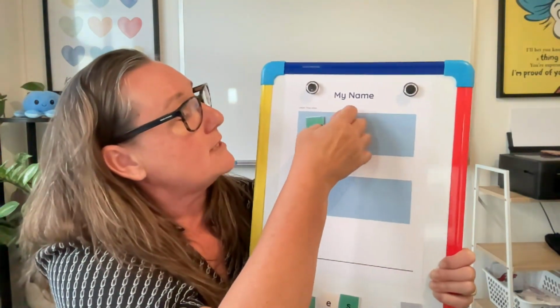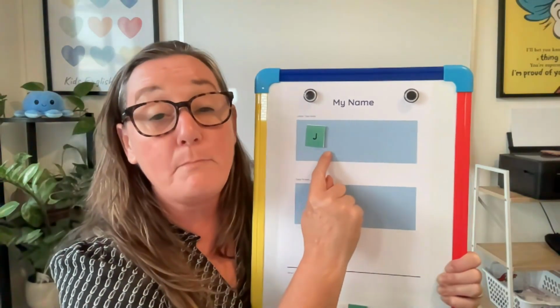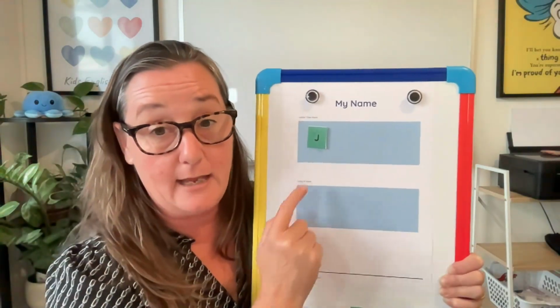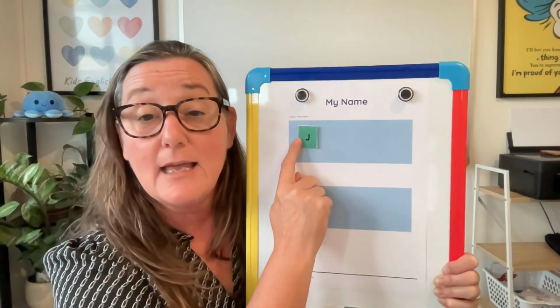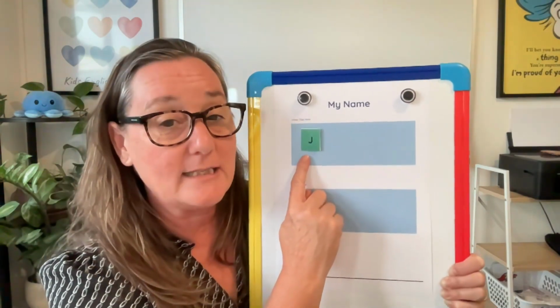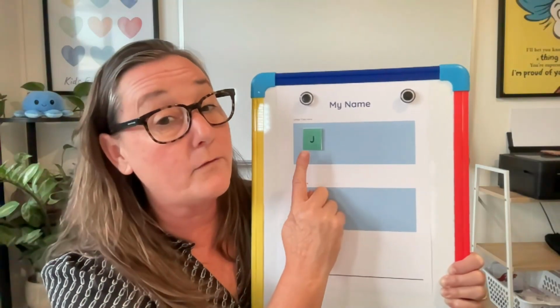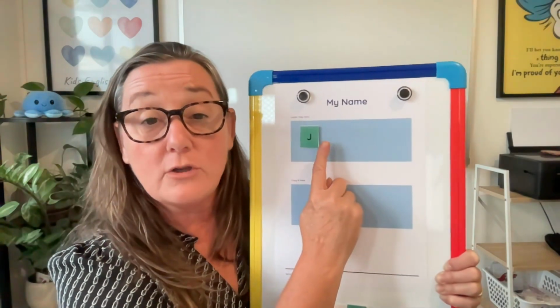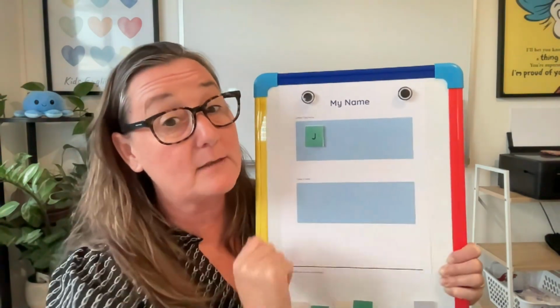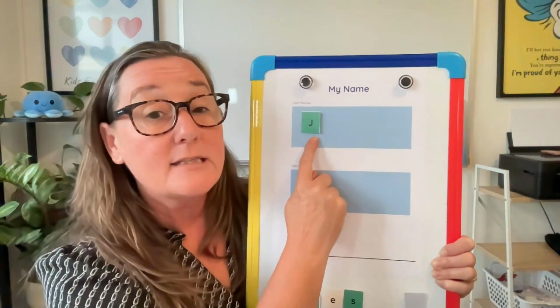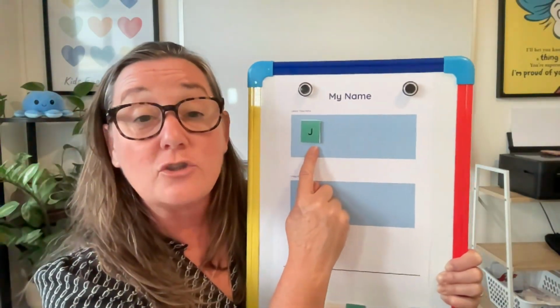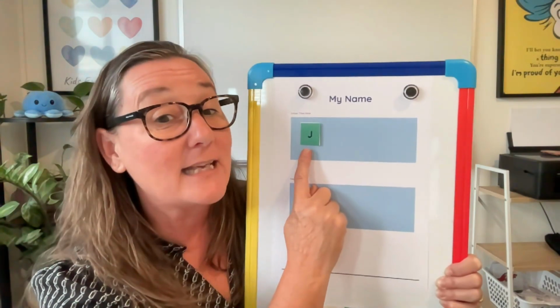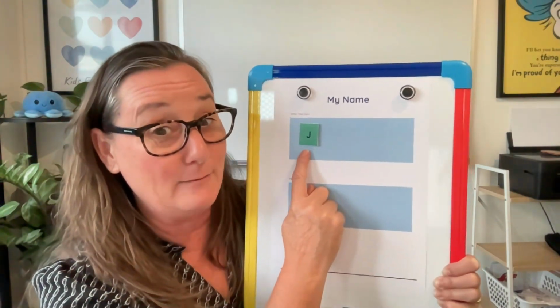So in this box at the top, we're going to build your child's name, capital letter first. Now, I always suggest you can say the sound of the first letter only, J, okay? But then you're going to tell them the letter names for the rest of their name. So your name starts with the J sound, and that's the letter J for James.